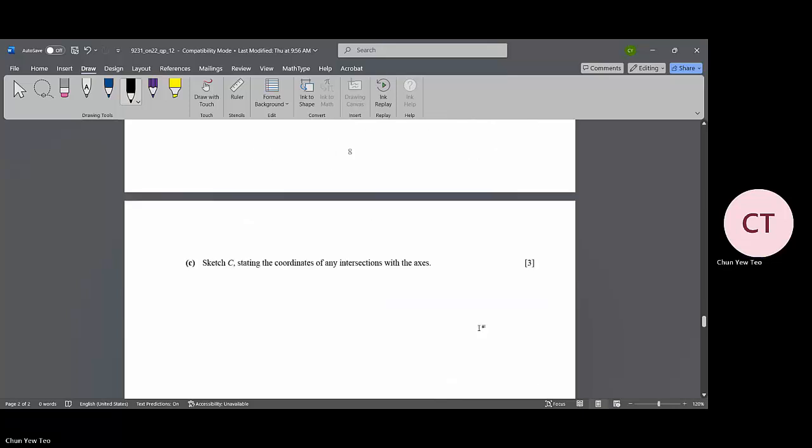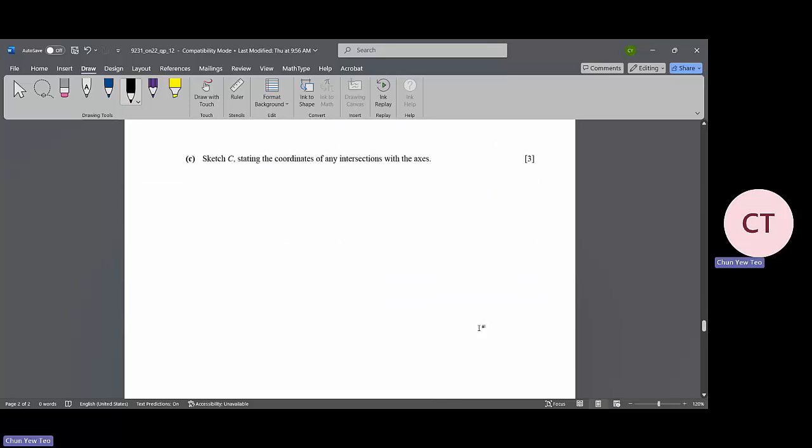Moving on, we want to sketch the graph and then state the intersections with the axes. To state the intersections with the axes, we copy this equation down first.